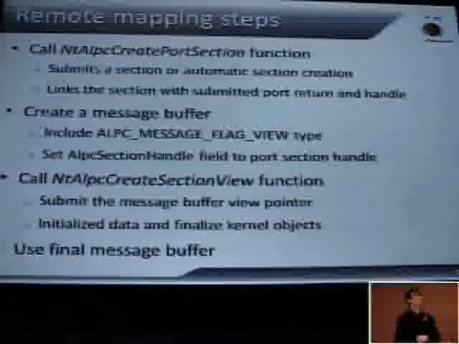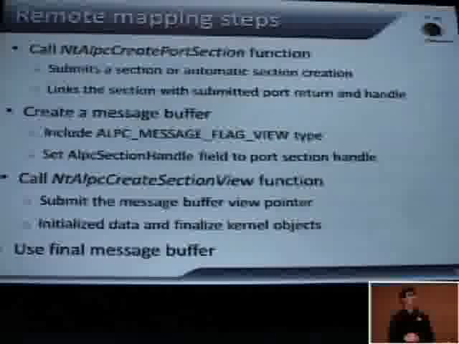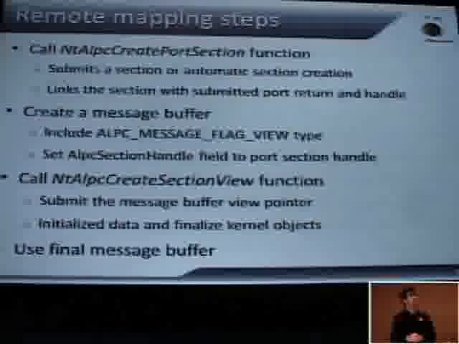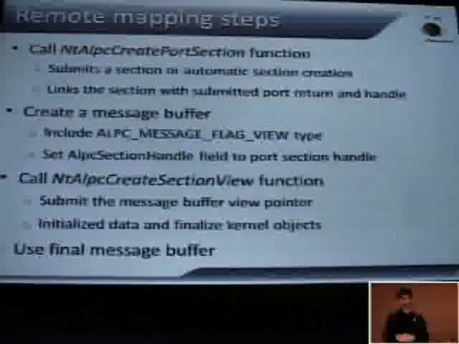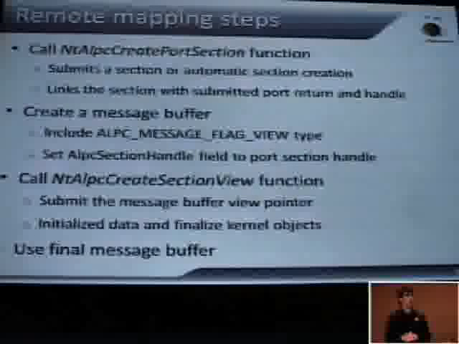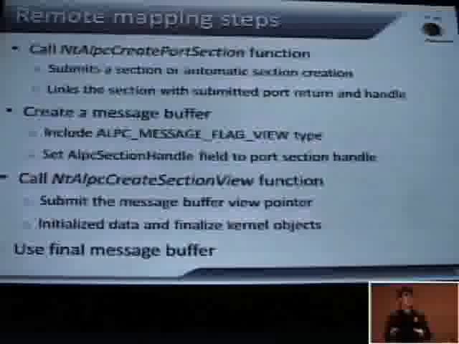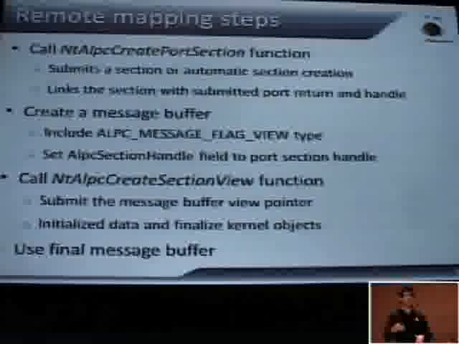So in order to map a section in the remote process, in the server, it's a little bit more complicated than before. First, you have to call NtAlpcCreatePortSection. You submit a section, or you ask the function to create the section for you. It will link your section with the ALPC port object and return a specific handle.